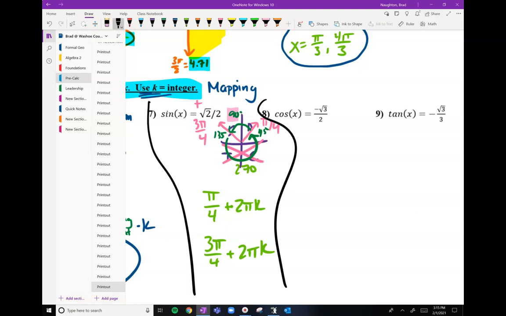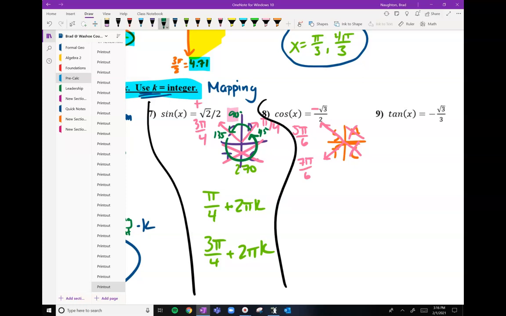Alrighty. So we have a negative root 3 over 2. All students take calculus. So this is negative, so I don't want to be here, and I don't want to be here. So we're going to be in this region and this region. So this is going to be 5 pi over 6, and this is going to be 7 pi over 6. Now, let's see if we can get there.